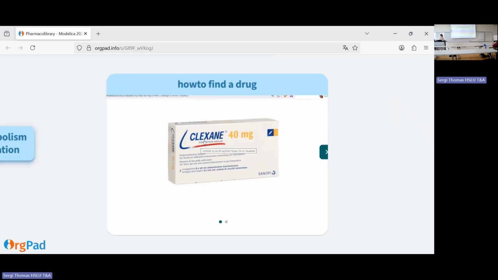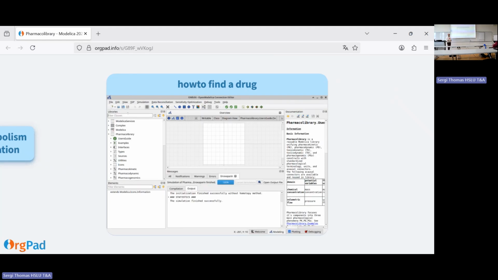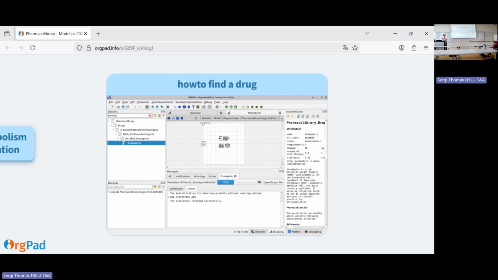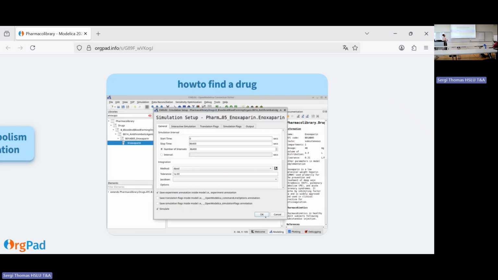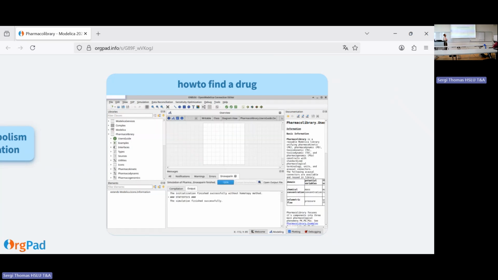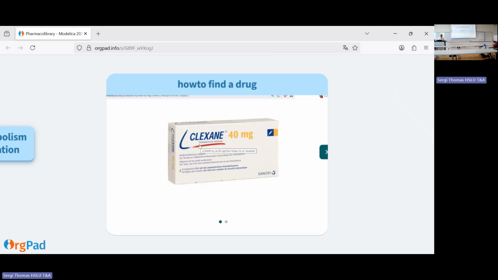So here is the Clexane. If you are lucky like me and have a broken bone, then you get this Clexane, but it is the name of the drug, the commercial name. You need to find the name of the effective compound, and if it is a registered approved drug, it is in the library, and you can find it there.